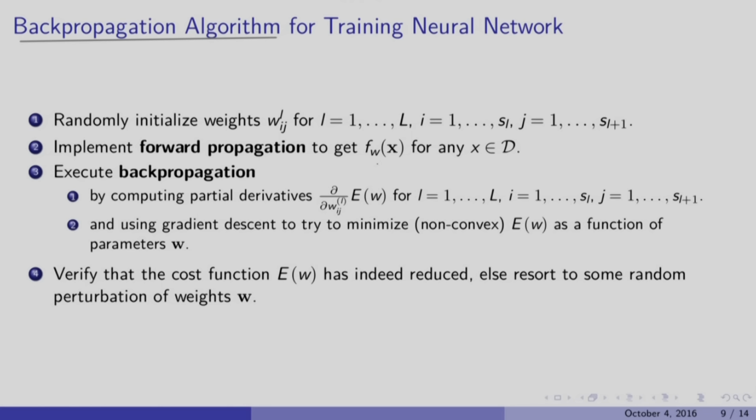You also resort to some random perturbation of weights W to avoid local minima. This is a very high level picture of the neural network training algorithm. However, what we will do in subsequent slides is build up this entire procedure.